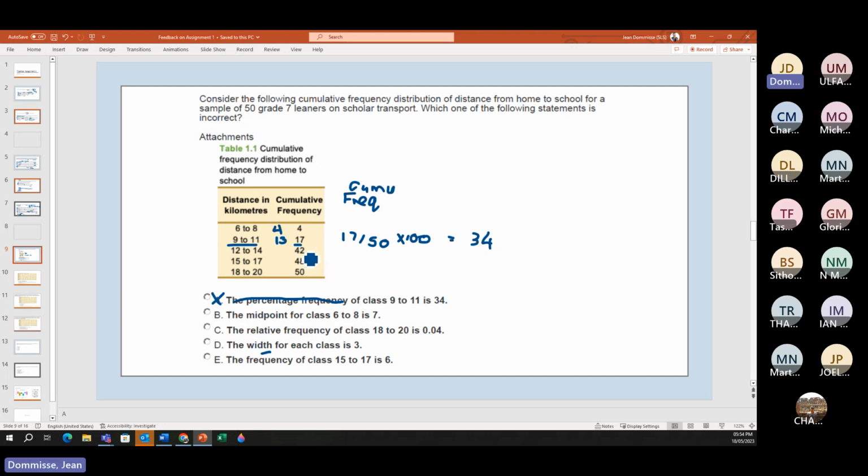If that is 42 and it was 17, then 25 will be in 12 to 14. 48 minus 42 is 6, would have fallen into that. 50 minus 48, 2 would have, so that would have been your frequency numbers.